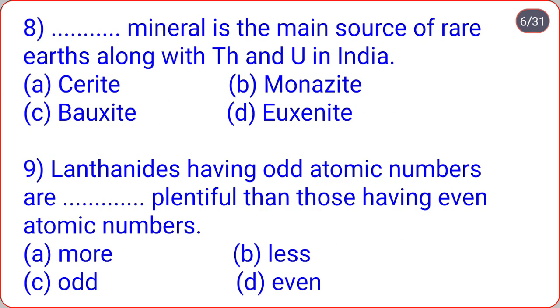So here also the correct option is B, that is monazite. Lanthanides having odd atomic numbers are dot dot plentiful than those having even atomic numbers. Options are more, less, odd, even. The correct option is B, less plentiful than those having even atomic numbers. Means odd atomic numbers are less than the even atomic numbers.